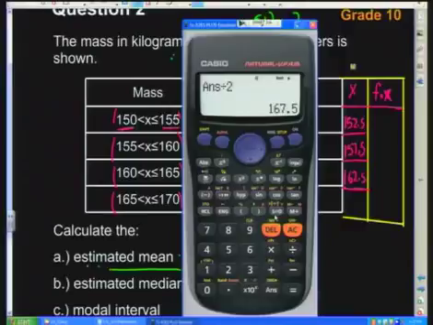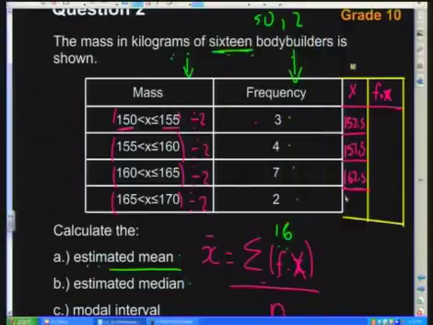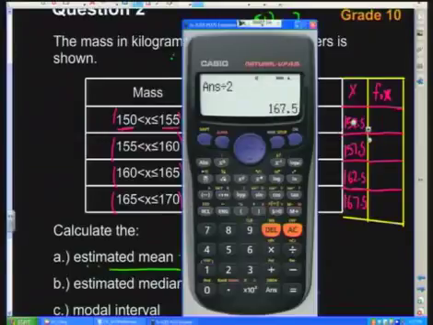So we get 167,5. Alright, once you've got all of the midpoints, you now need to times the frequency by that midpoint, and then we're going to add that all together. Right. So the first, we'll start from the bottom and go up.